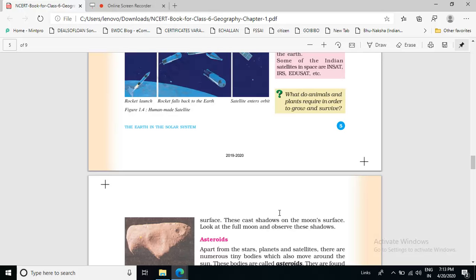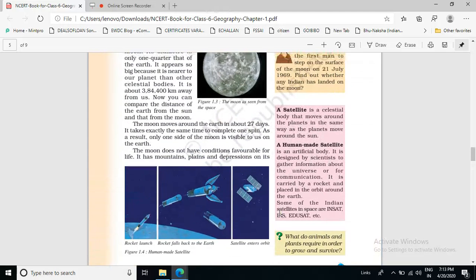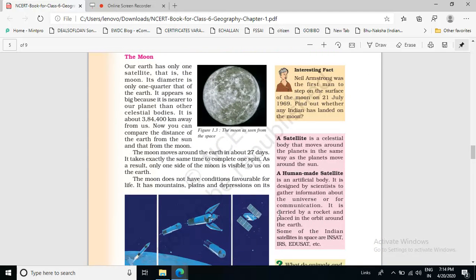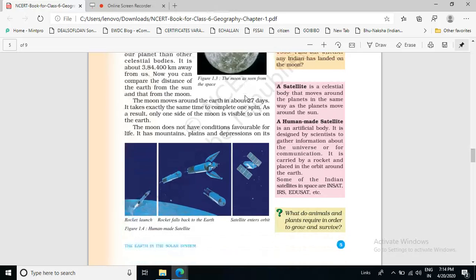We find that some parts are dark, and this is the shadow. So this is the picture of the moon that we see from space, and these are the shadows, which are made because of the mountains and depressions.